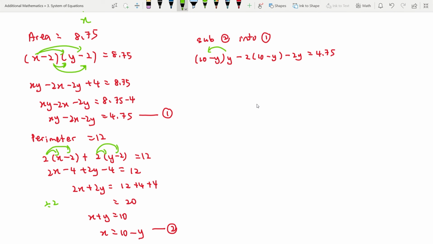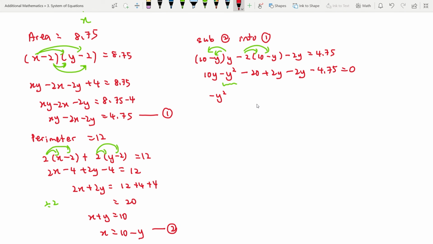We expand the bracket. Then y minus y squared minus 20 plus 2y minus 2y minus 4.75 is equal to 0.